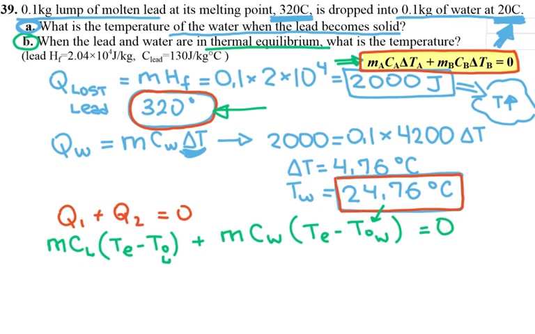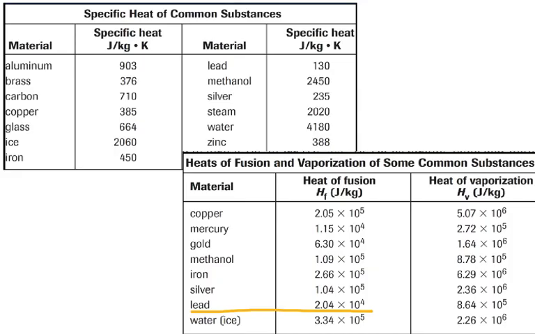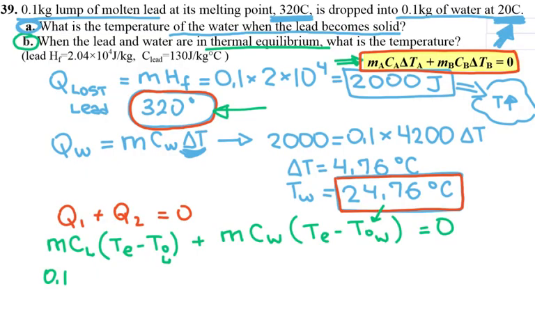So now plugging in my numbers, the mass of the lead is 0.1. For the specific heat of lead, from the tables, I see that lead is 130. So I'm going to plug in 130.